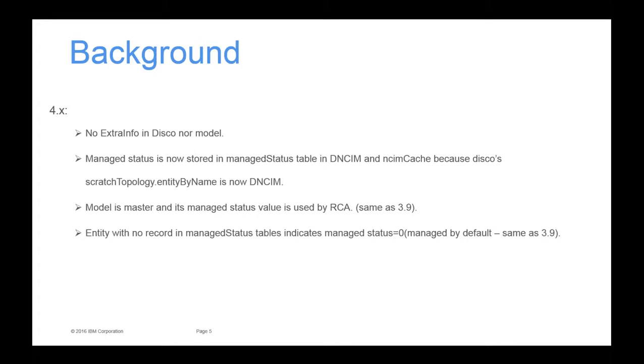Again, model is the master and its managed status value is used by RCA. This is the same as in 3.9, and entities with no record in the managed status tables will also indicate a managed status of 0, i.e. it's managed by default. Next slide, please.